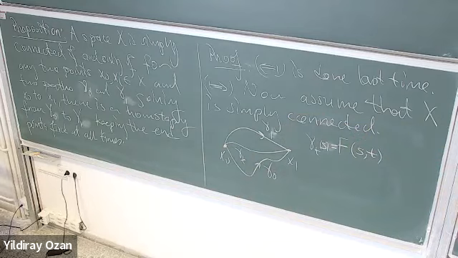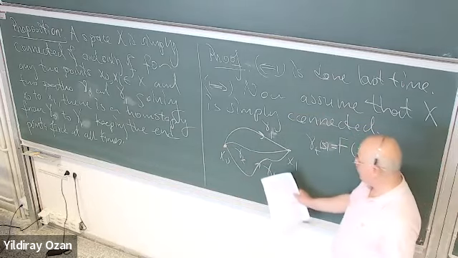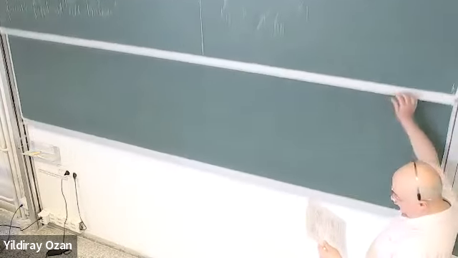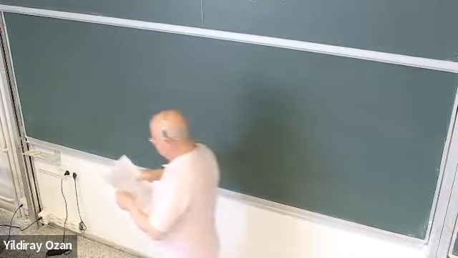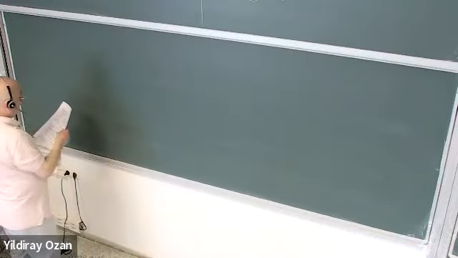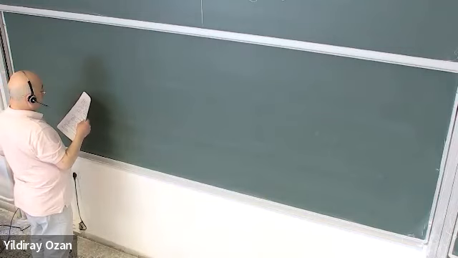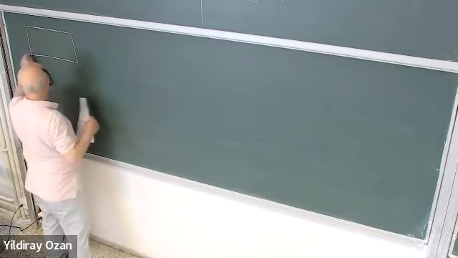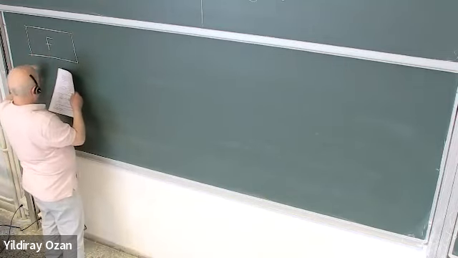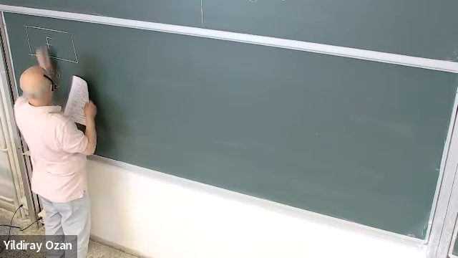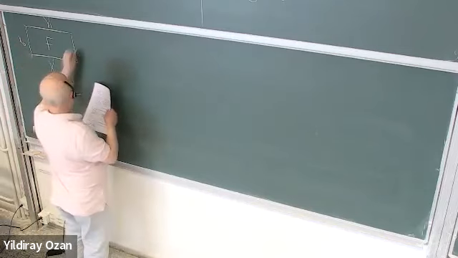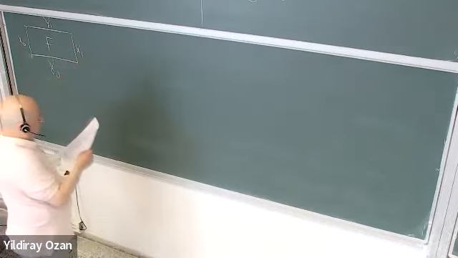So gamma 0 is homotopic to gamma 1 through paths from x0 to x1. Okay. This is easy, but one has to be a little bit careful. So we have to prove that there is a homotopy, so that this end is gamma 0, this end is gamma 1, this side is x0, and this side is x1. Okay.